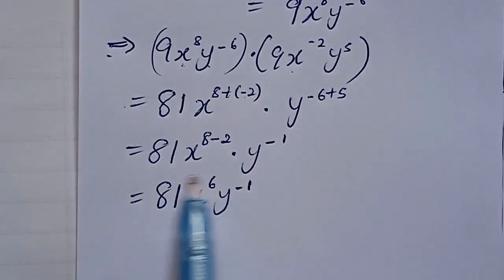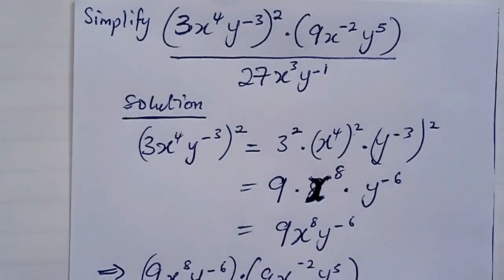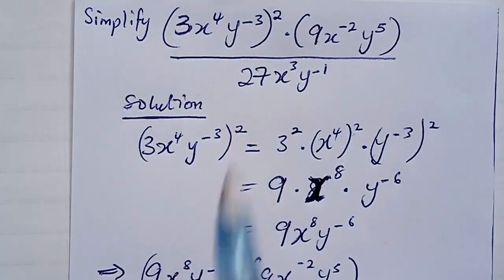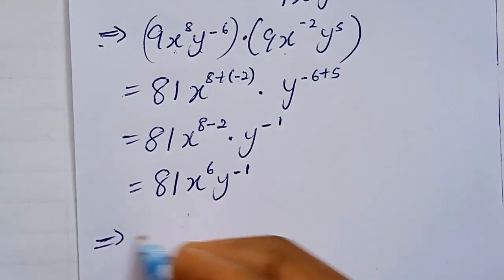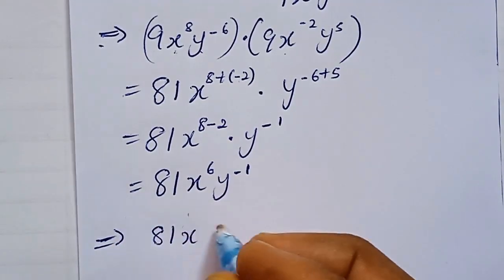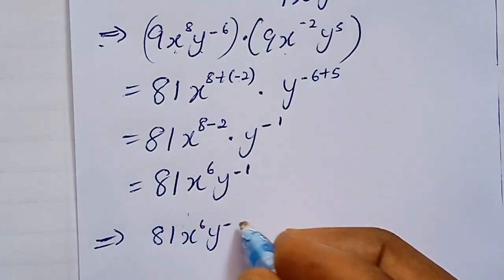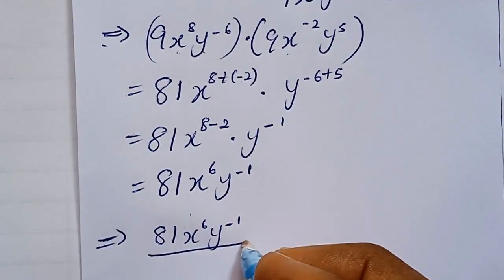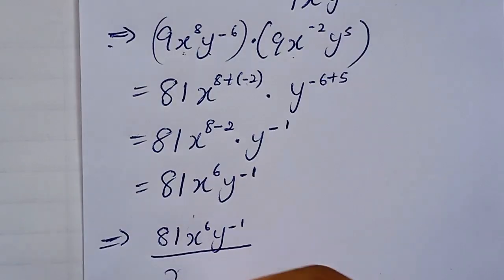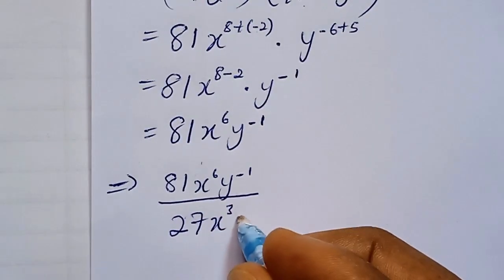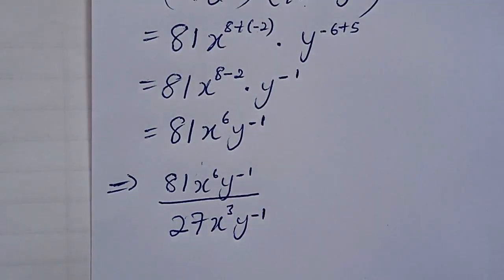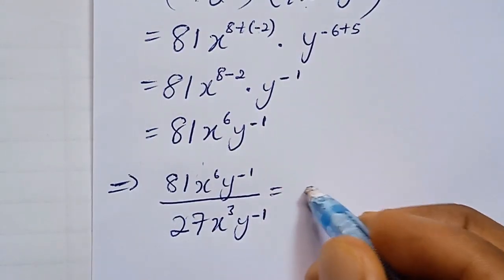We can now divide this with the denominator over here. We now have 81x^6 y^-1 over 27x^3 y^-1.